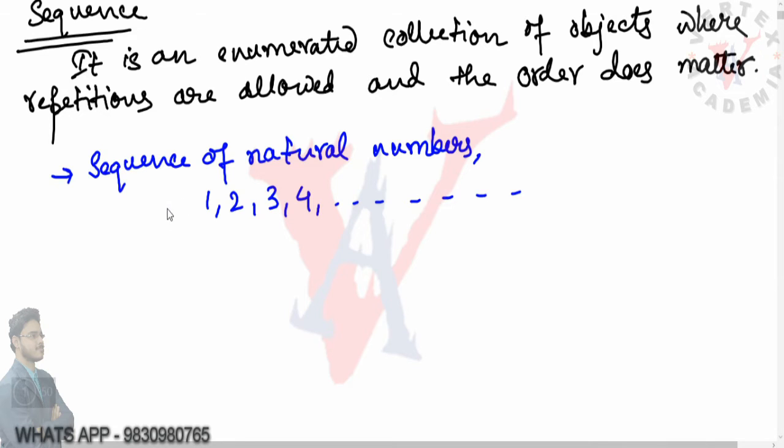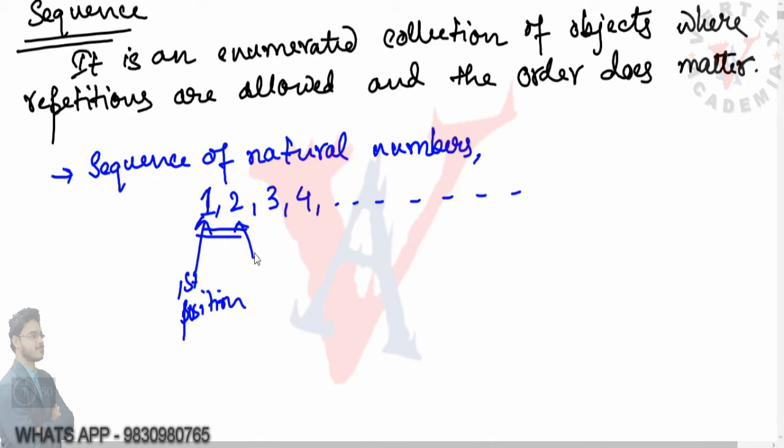So how is a sequence written? Basically a sequence is written in this form where each element, here 1, 2, 3, is an element of the sequence, and they are separated by a comma. So a sequence of natural numbers is 1, 2, 3, 4, and here the position of 1 is the first position.